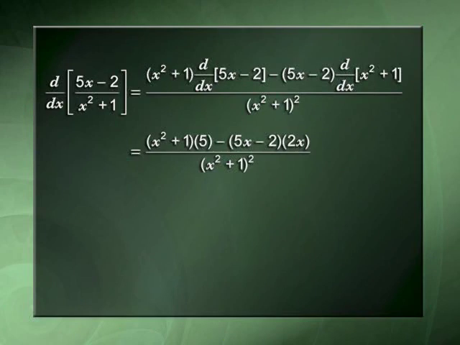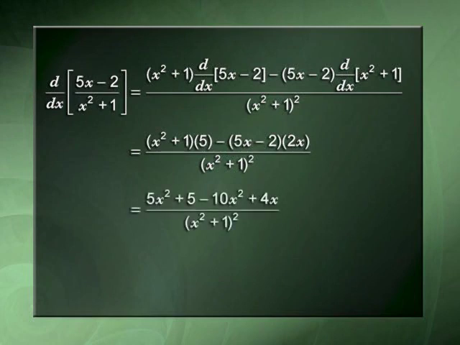We can simplify that numerator. We can multiply it out to get 5x squared plus 5 minus 10x squared plus 4x. Again, all divided by the x squared plus 1 squared. And finally, we can combine some terms here and get a final answer of minus 5x squared plus 4x plus 5 over x squared plus 1 quantity squared.